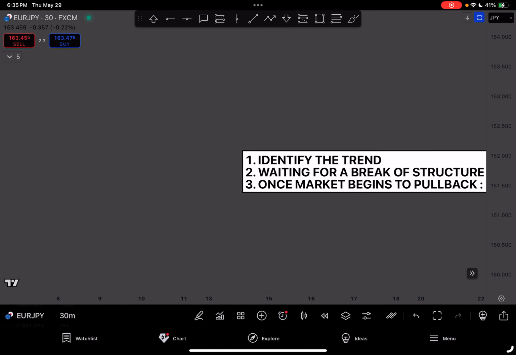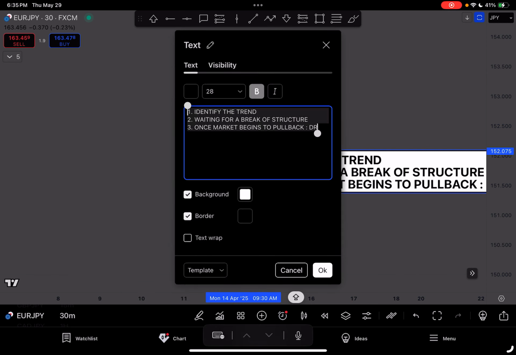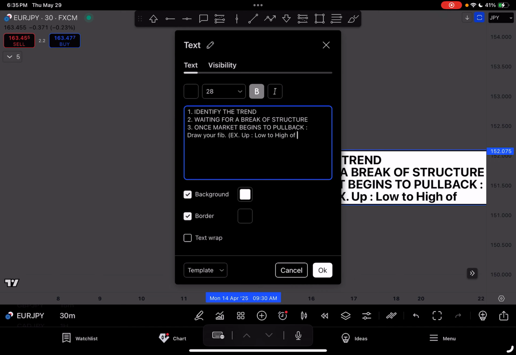Okay, let's edit this. Once the market begins to pull back, you want to draw your Fibonacci, right? So in an uptrend example, in the uptrend, we're going from low to high of candle body.